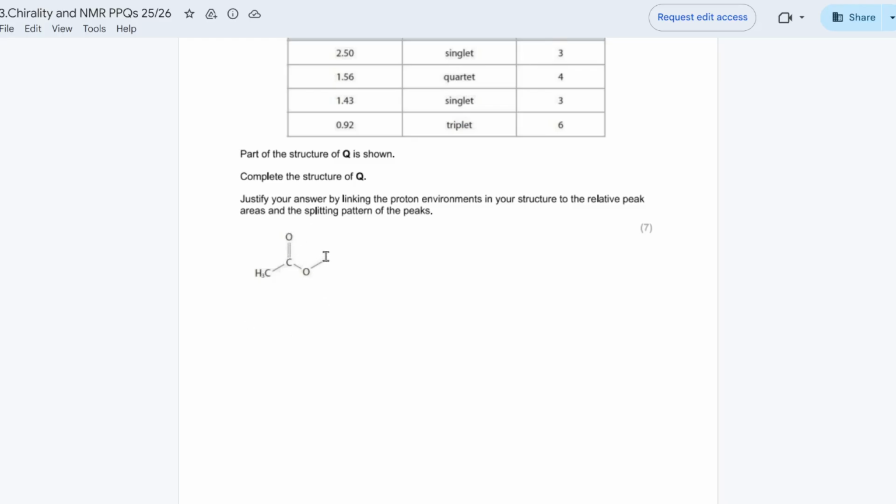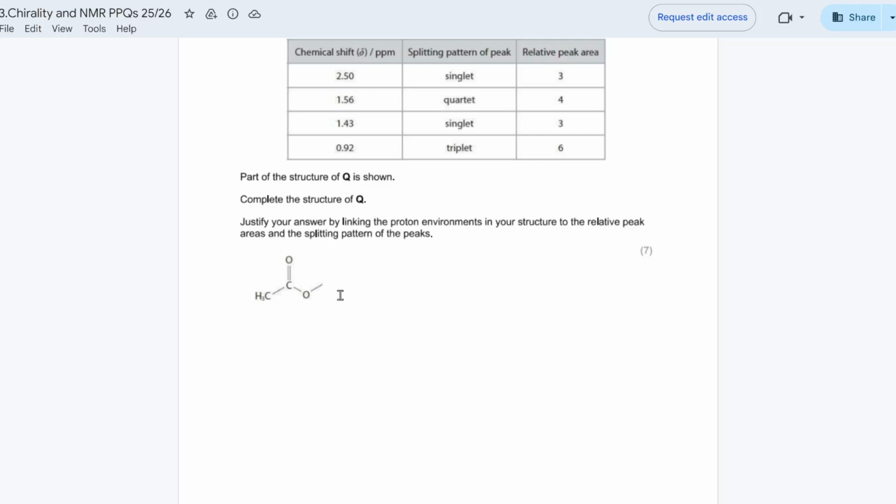So imagine there was an H there, but obviously this is the H that's removed when the water is removed in the esterification reaction. So kind of assuming the rest of it is going to resemble an alcohol but without the OH, so just like an alkane.